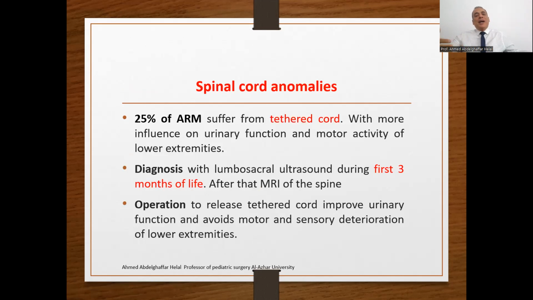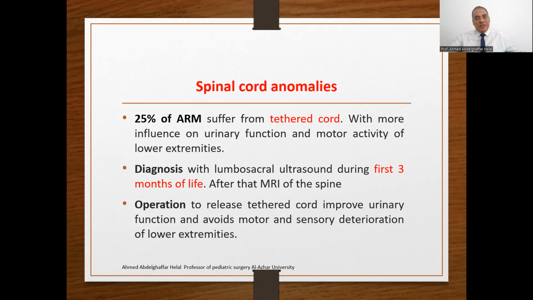Moreover, there may be spinal cord anomalies. The most important one is what's called tethered cord, with more influence on urinary function and the motor activity of the lower limb. The diagnosis with lumbosacral ultrasound can be done during the first 3 months of life, so you don't need more than a simple ultrasound to search for the tethered cord in the first 3 months.